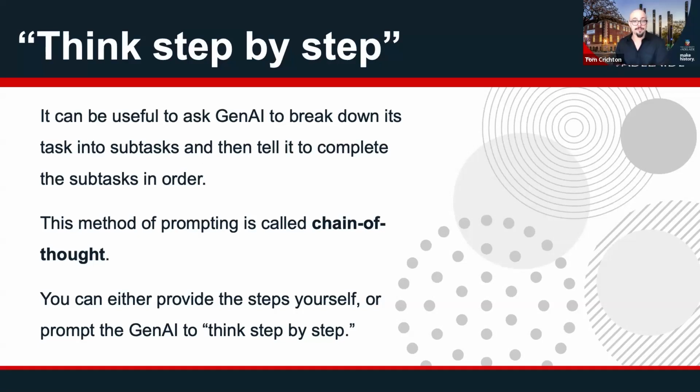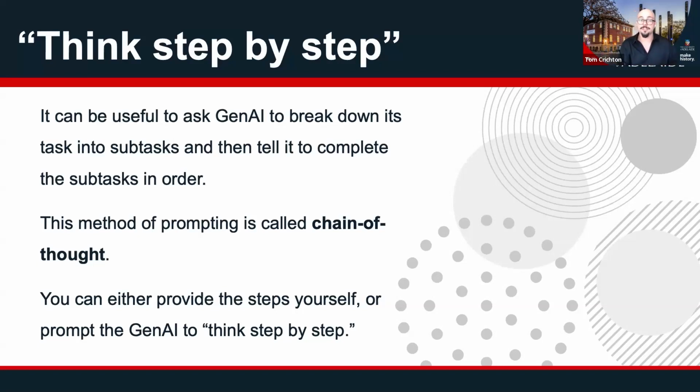The reason this helps is that, as we've seen, the way AI picks the right order of words, it uses the output it's generated so far as context to figure out what the next word should be. So if it's already generated the first few steps of a process, it can use that as context to do the next few steps.